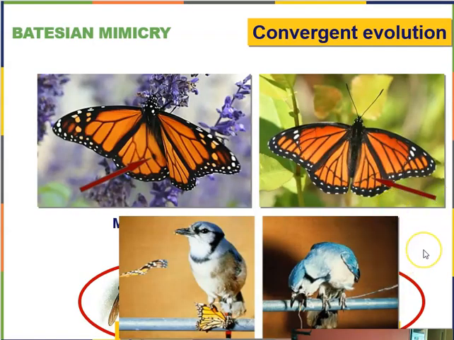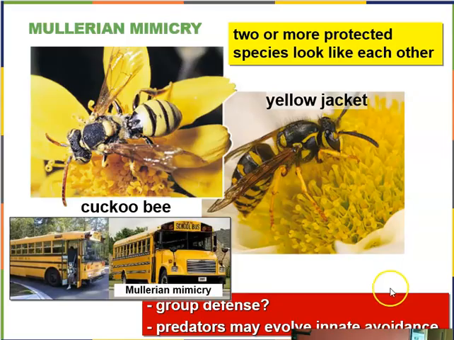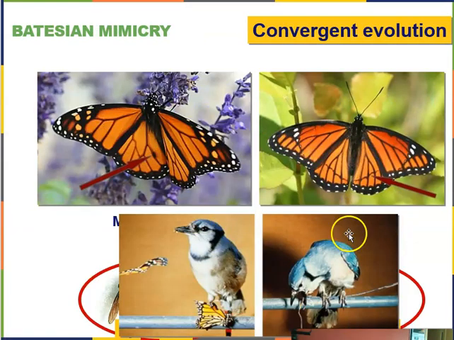Here's an example of a blue jay learning by eating a butterfly and then spitting it out, because man, does this not taste good. That's Batesian mimicry, when an organism looks like or mimics the look of the monarch butterfly.